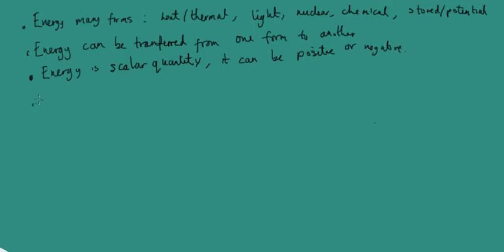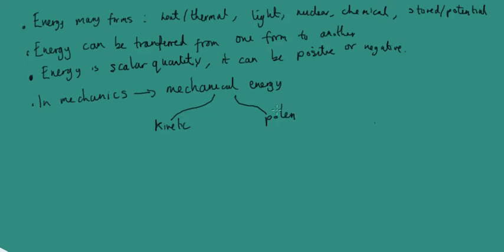In mechanics, we're only interested in mechanical energy. And this can take two forms. It's either kinetic or potential. So kinetic is the energy of motion, and potential is, for example, a ball at the top of a hill before it's released.